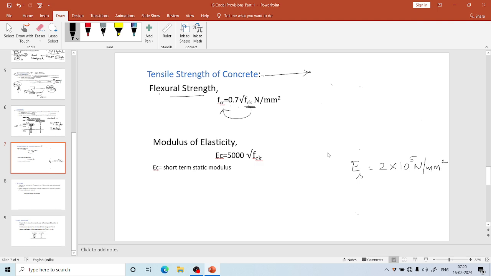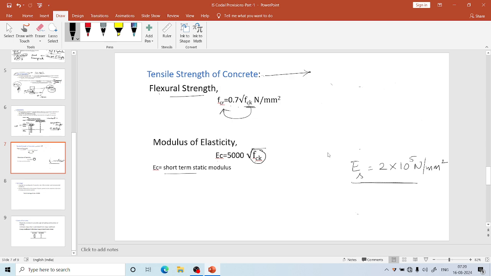It is constant and does not depend on the grade of steel. But in the case of concrete, the elastic modulus varies with the grade of concrete, because characteristic strength varies and Ec depends on the characteristic strength.